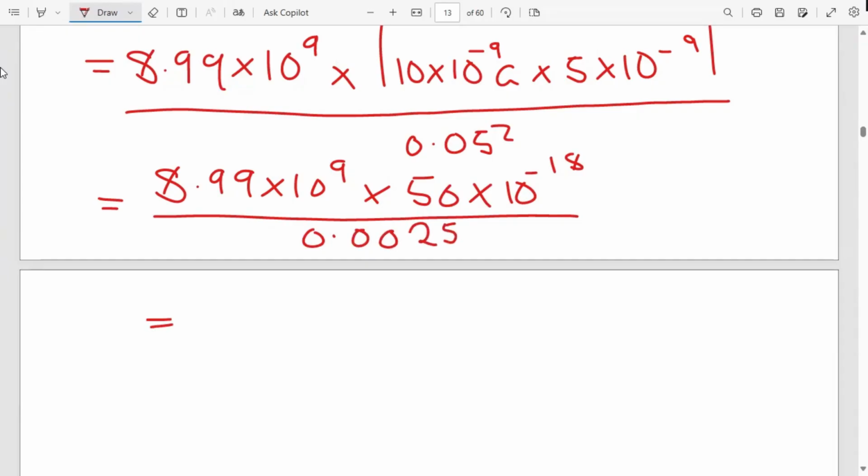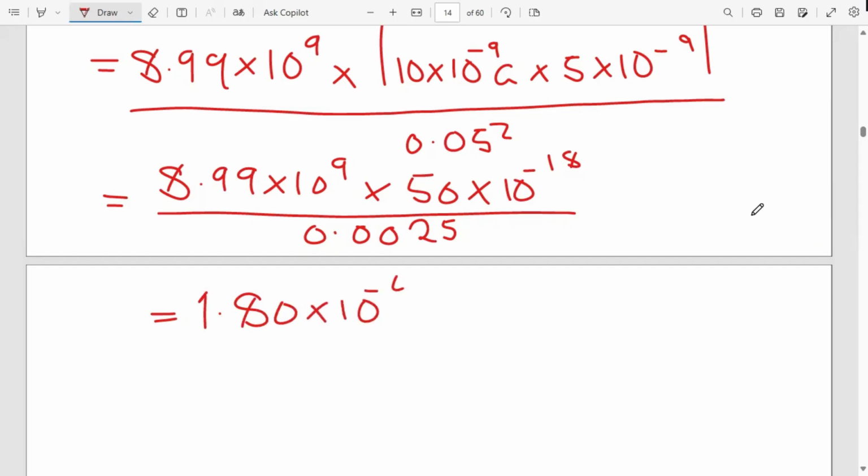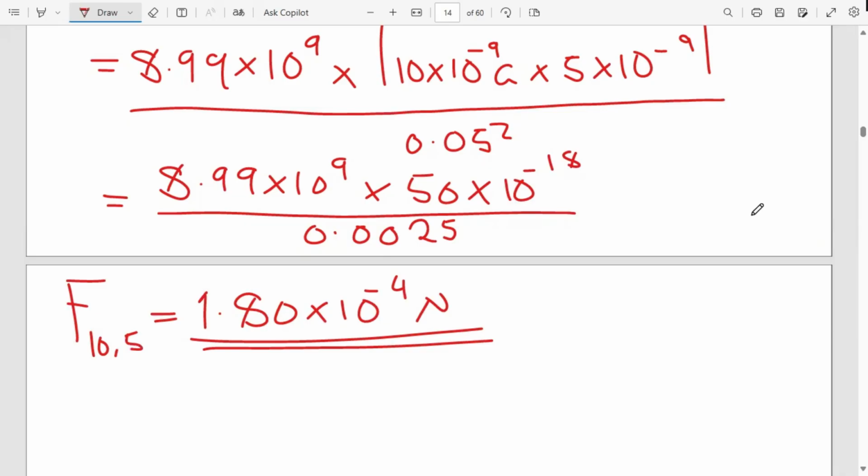This is going to be equal to what? Let me just plug this into my calculator. Okay, so I'm getting a total of 1.80 times 10 to the power minus 4 newtons. So this is the electrostatic force of the 10 nanocoulomb charge on the 5 nanocoulomb charge.